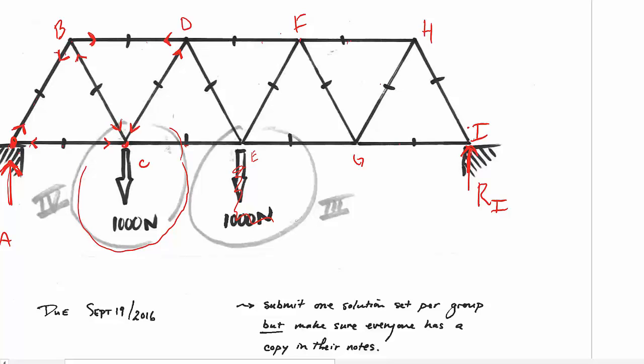And at this point, as a double check as we go along, we should already be able to figure out the direction of all these diagonal members. At joint D, if this is pointing up, this one has to be pointing down to keep it balanced. Likewise, if this is pointing up, this one has to be going down. So it's tension. So they're alternating tension and compression. So that's compression.